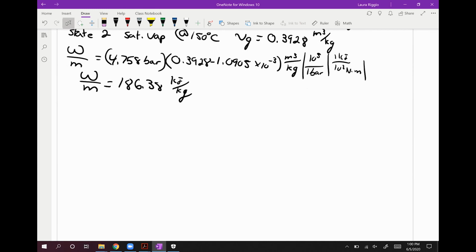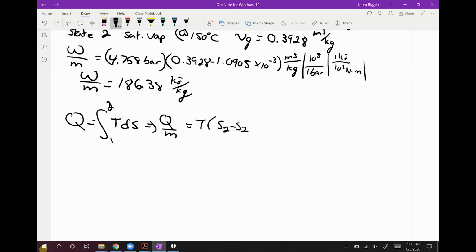To find the heat transfer, we're going to use entropy, and since the process is internally reversible, we know that Q is equal to the integral of T dS. Since temperature is constant, our heat transfer per unit mass is T times our change in entropy, or this is sg, and this is sf.